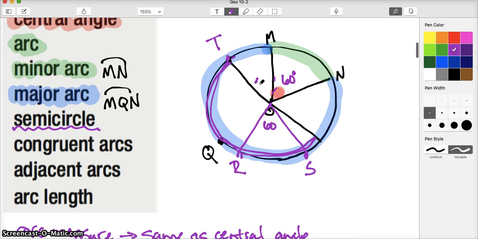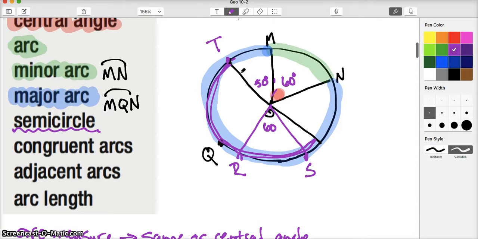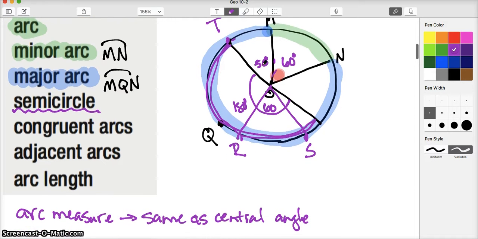If I were to throw in a random 50 degrees here as the possible value of this central angle, arc TM would be 50 degrees. In fact, the semicircle that we have here has an arc measure of 180 degrees. Are you guys seeing that? I hope that makes sense.